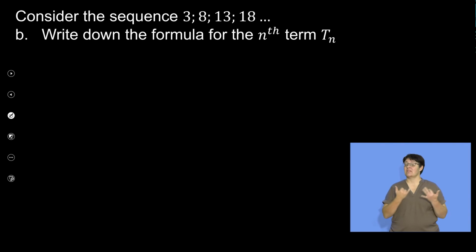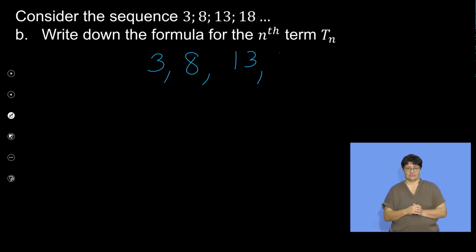We now have the same sequence being 3, 8, 13, and 18. I'm just going to write it out for us. We now need to determine the formula for the nth term Tn.